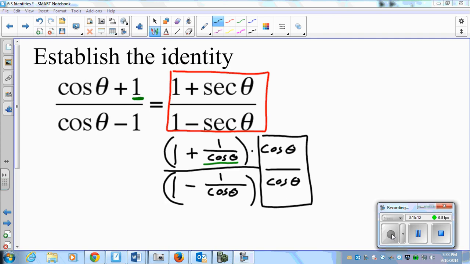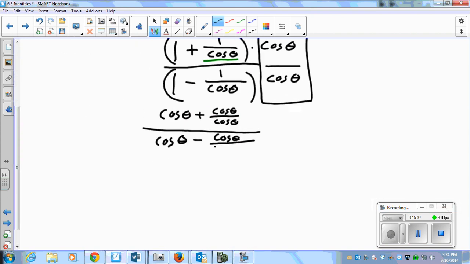As I distribute, I get cosine of theta plus cosine of theta over cosine of theta, all over cosine of theta minus cosine of theta over cosine of theta.